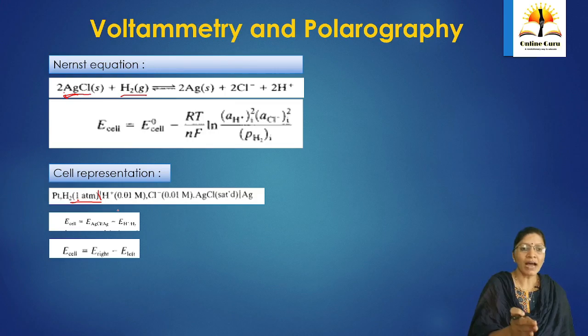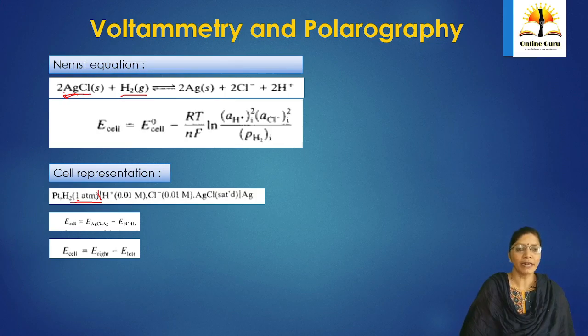So here we have a single phase separation, indicating that the solid electrode is separated from the solution, and there is no salt bridge. Both electrodes are dipped into the same solution system. What is taken as the electrolyte? 0.01 molar silver chloride, saturated.